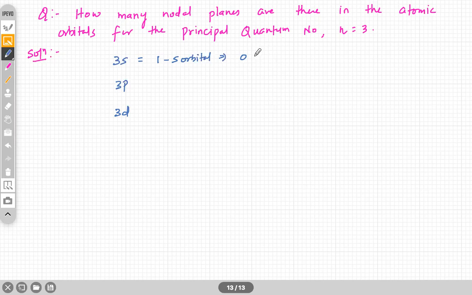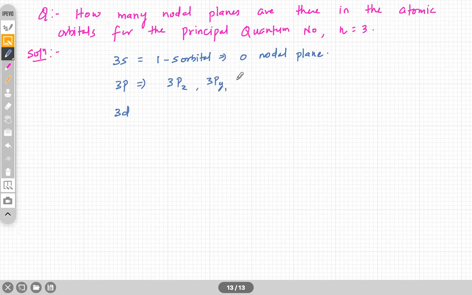We know s has no nodal plane. 3p has three orbitals: 3px, 3py, and 3pz.